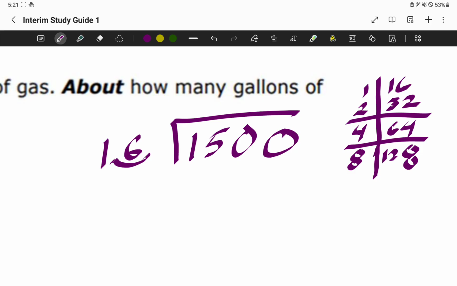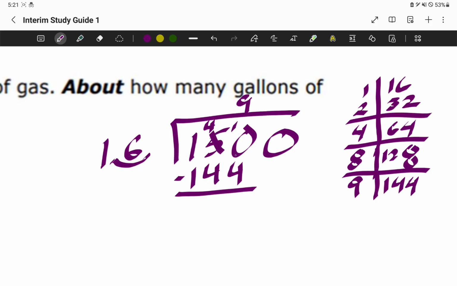Oh, not quite to 150 yet. So let's add another 16. 8 and 6 is 14, carry 1. 1 plus 1 plus 2 is 4. And so that's 144. So 9 is 144.